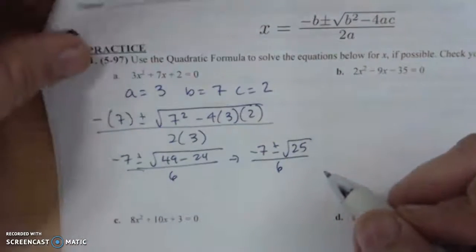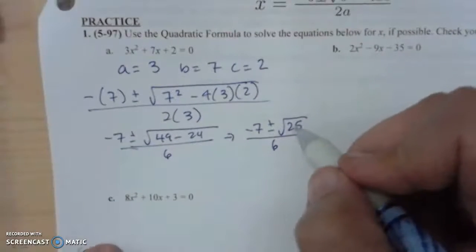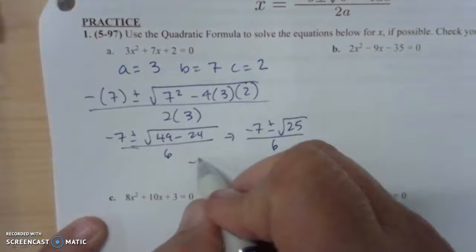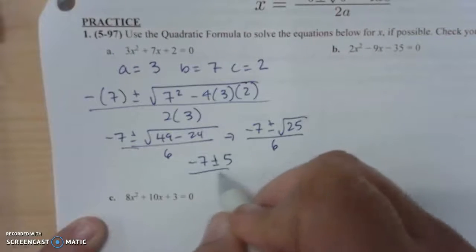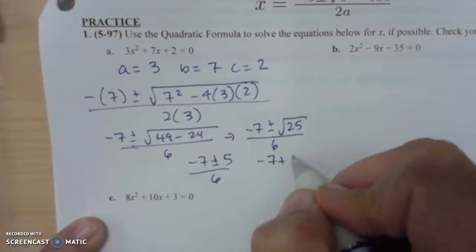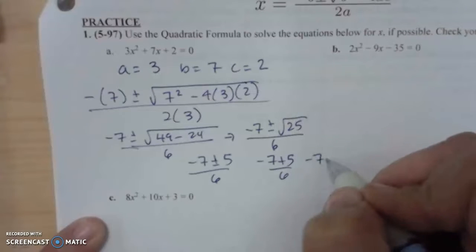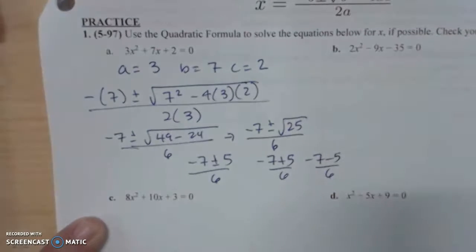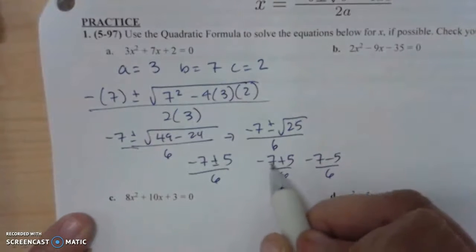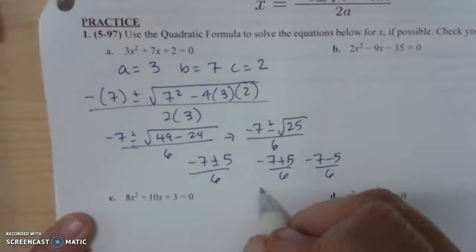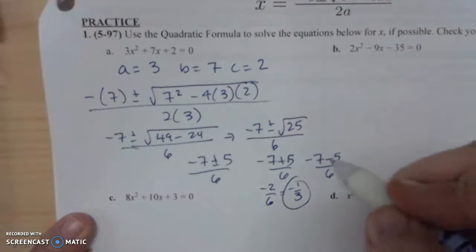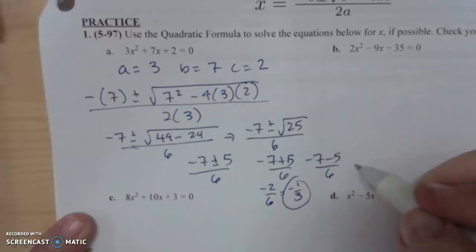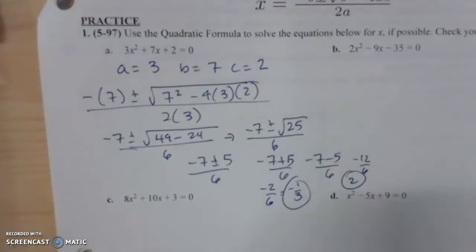Now this is a much nicer problem than that first example, because we can figure out the square root of 25. So it's negative 7 plus or minus 5 divided by 6. So we have negative 7 plus 5 divided by 6, negative 7 minus 5 divided by 6. That's negative 2 divided by 6, negative 2 sixths equals negative 1/3. That's one of my answers. Negative 7 minus 5 is negative 12 divided by 6, which is negative 2, and that's the other answer.